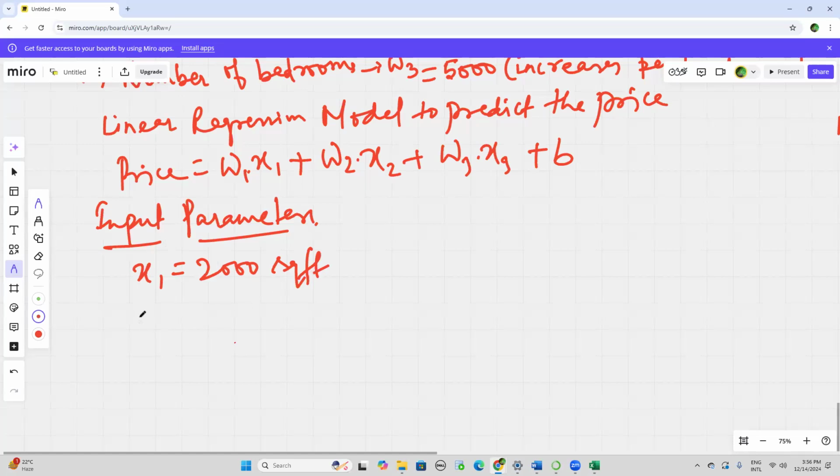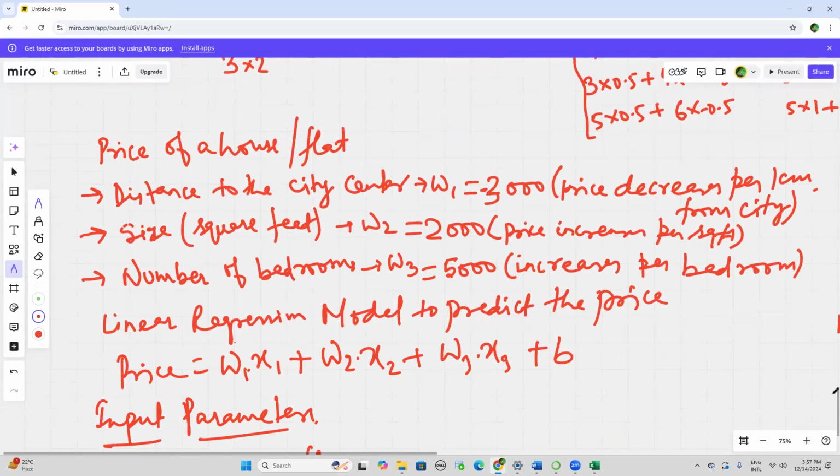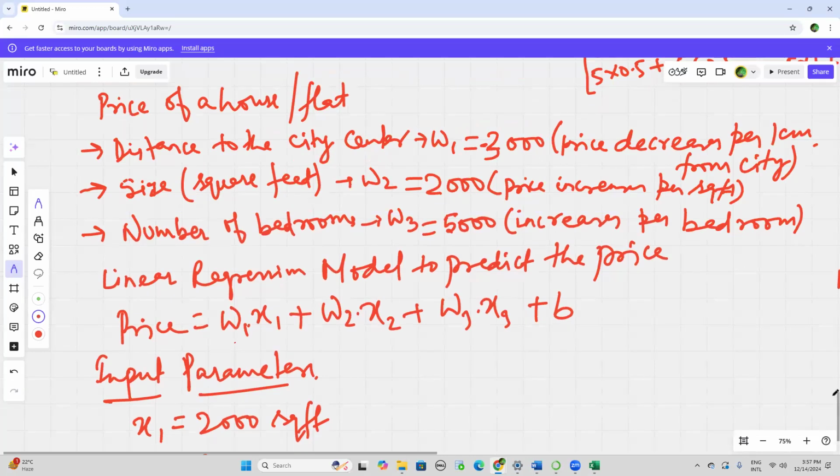And for bedroom, I want 3 BHK, and let's say the distance from the city is 10 kilometers. Now W1, what we have taken for square feet, how much weightage have we given? It's 2000. I have given 2000 to square feet now. So let's keep this one as W1.